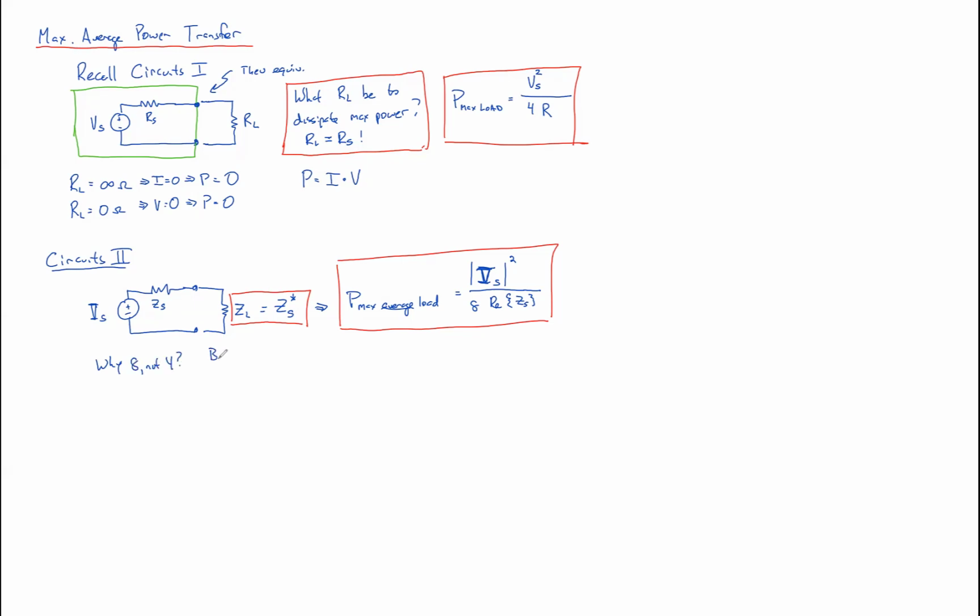It's because power is equal to 1/2 times the real part of V dot I conjugate. And it's that 1/2 that is causing this to go from the 4 to the 8.